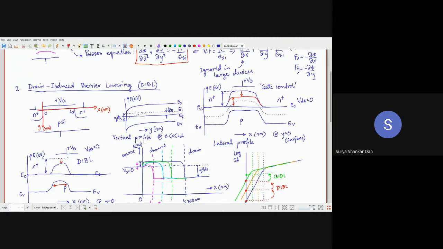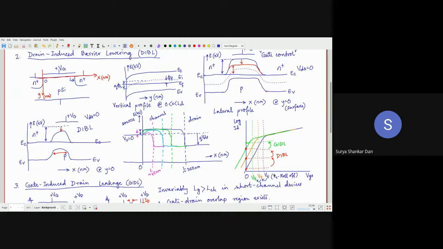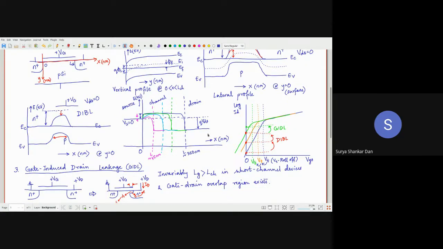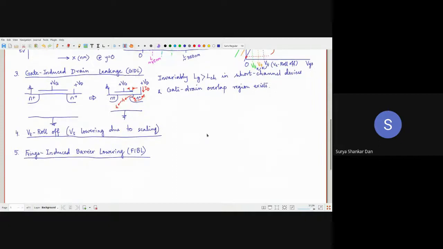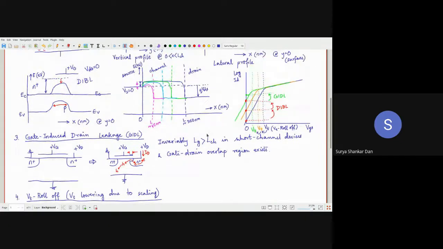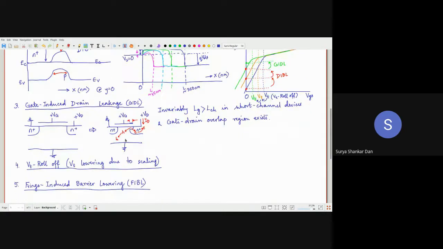Once GIDL has started, we have to look into 3D architecture, because you cannot go any further. If you go, there will be device breakdown at this node, at this point. So avalanching is happening, there will be avalanche breakdown and your device is gone. You cannot shrink it any further.